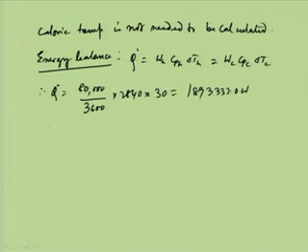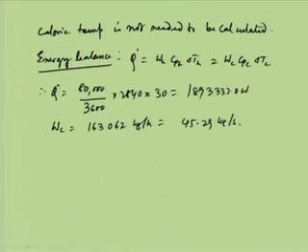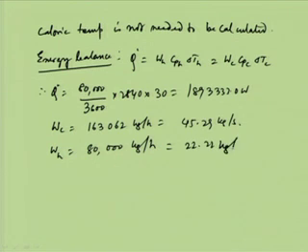Then from here we can calculate that WC is equal to 163,062 kg per hour, and that is equal to 45.29 kg per second, and WH is equal to 80,000 kg per hour, and this is equal to 22.22 kg per second.